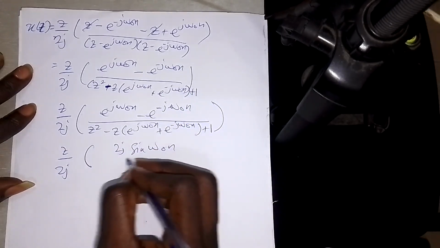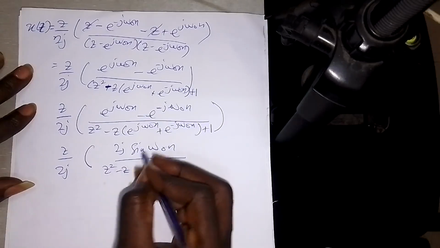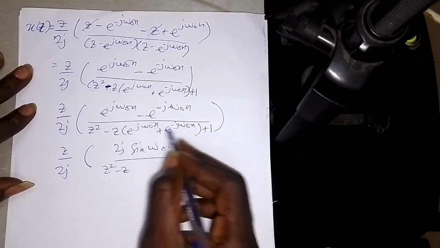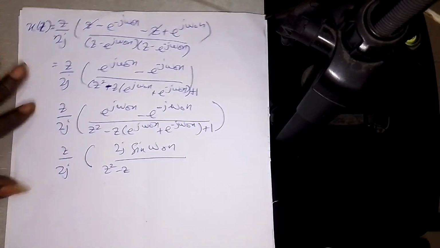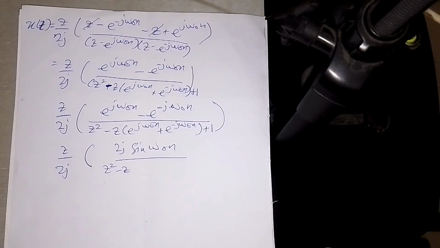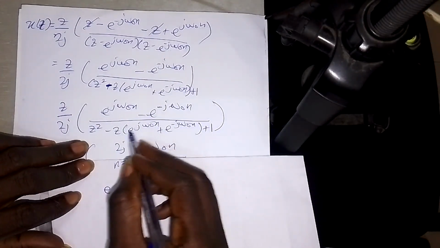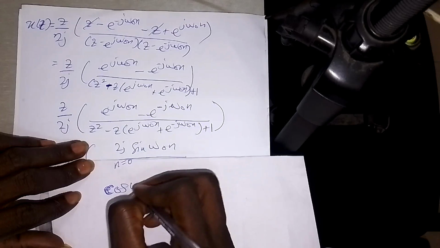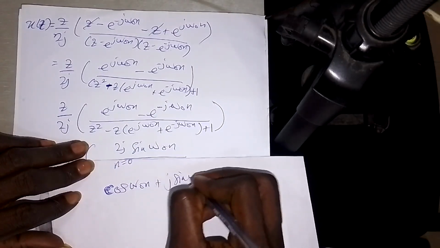And here it's going to be Z squared minus Z. This one is going to give you cos ω₀n plus j sine ω₀n.